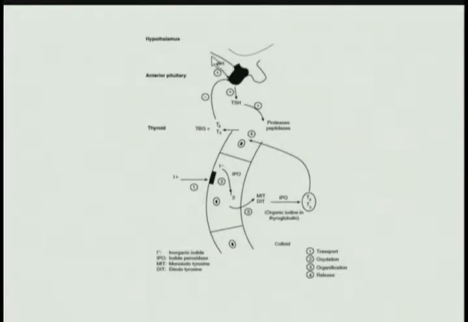So the main secretory product of the thyroid is T4. It gets co-secreted with thyroid binding globulin. Most of this becomes T3 in the periphery. It has all the metabolic effects, and both hormones, but mainly T3 because it's more potent, have the feedback loop back to the pituitary with TSH and back to the hypothalamus with thyrotropin releasing hormone.